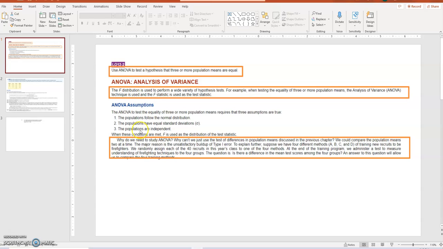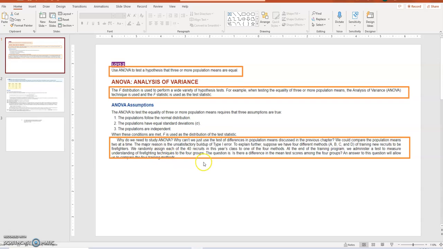The one thing that I wanted to highlight here, that I'm sure came to a lot of your minds, is: if I know how to test two variables at a time, couldn't I test two variables three times, and draw conclusions about the three sets of two variables, 1 to 2, 2 to 3, and 1 to 3, to figure out where I may not have means that are equivalent?